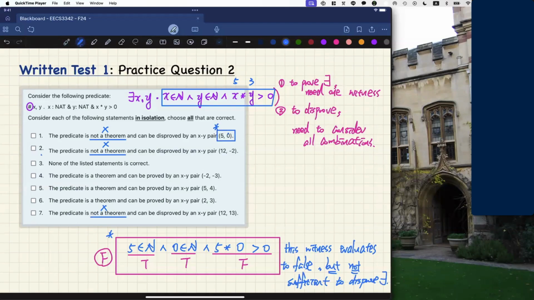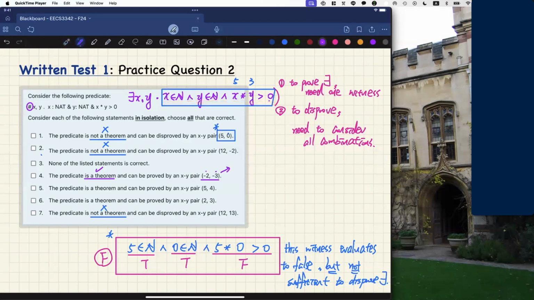But let's see. What about option 4? It is a theorem. Okay, this part here matches our prediction, well, our judgment here. But can it be proved by -2, -3? All right, so this one is interesting. Okay, let's take a look. This one here, -2 multiplied by -3 will be 6. 6 larger than 0. That's true. So should that be true? Be careful. It's a little bit tricky because when you evaluate it, you have to evaluate the entire thing over here.